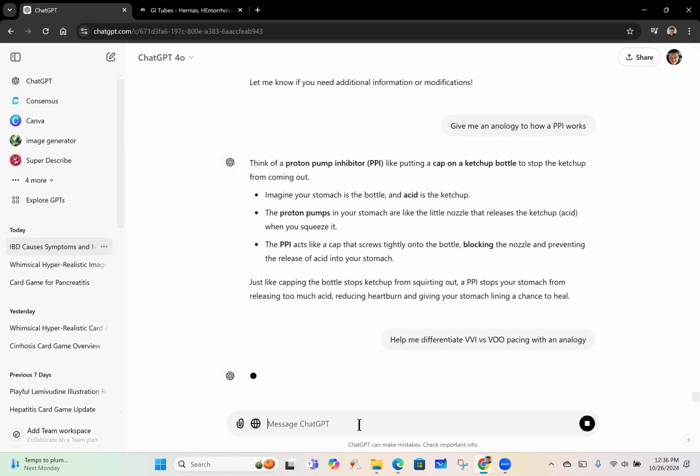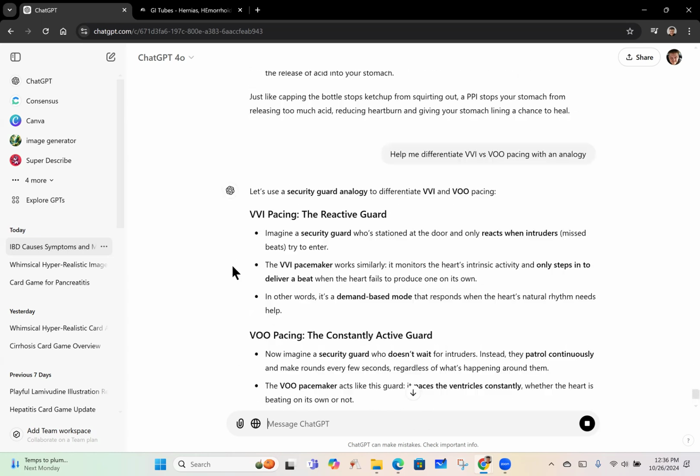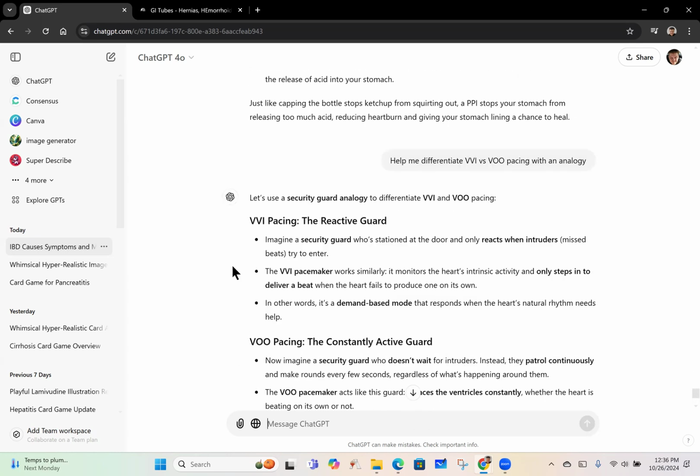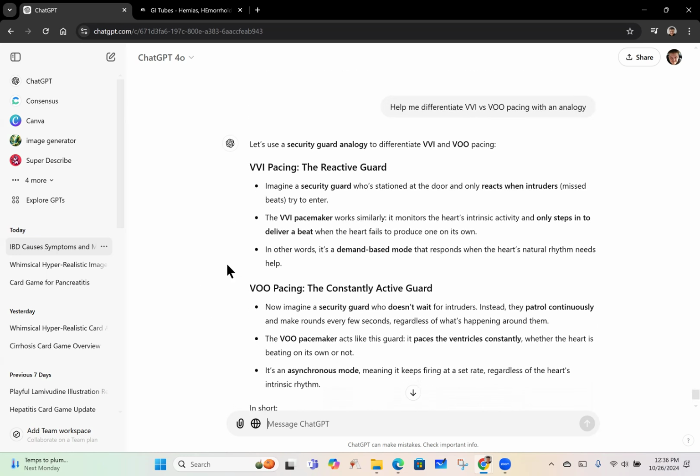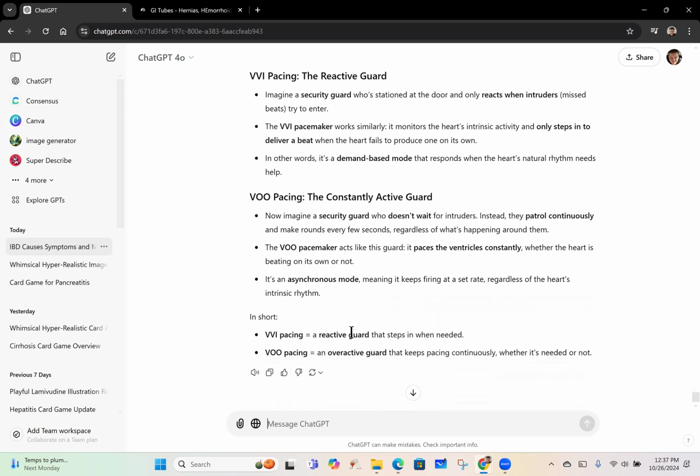You can take a super complex concept and it'll differentiate it. VVI only steps in when someone doesn't belong, right? It's demand. VVI is a reactive guard, whereas VVO is an overactive guard, pacing continuously whether it's needed or not, right?